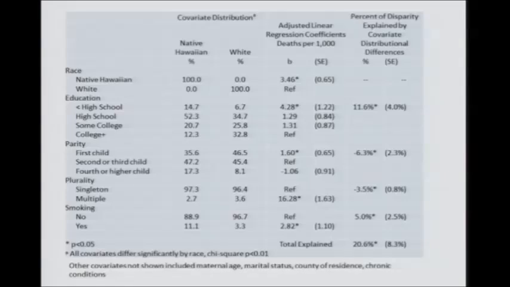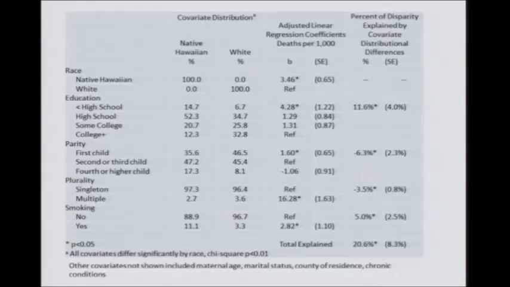And I just included a couple factors on this chart. It doesn't include other factors like maternal age, marital status, chronic conditions. So the percent of the disparity explained doesn't total to the 20% listed here.